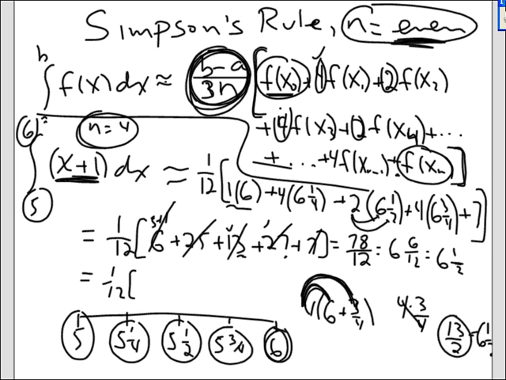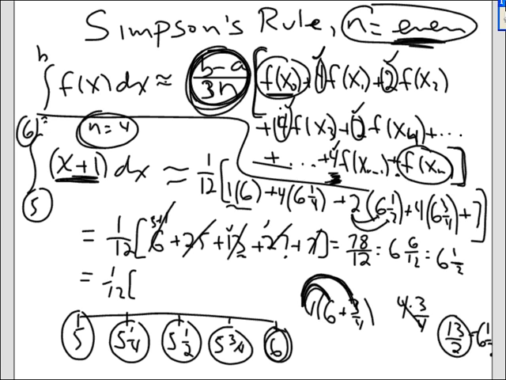But the middle terms go 4, 2, 4, 2, 4, 2, for however long. And it ends in 2, but then you have the 4.